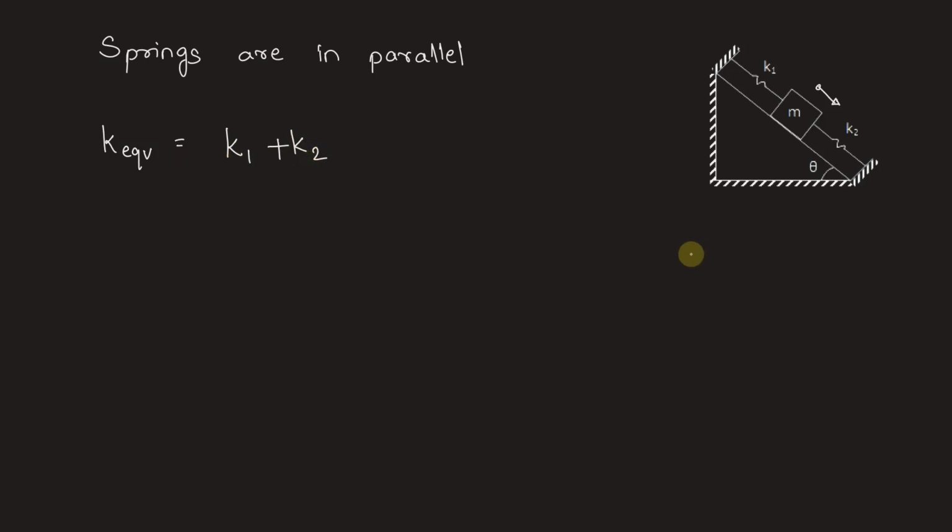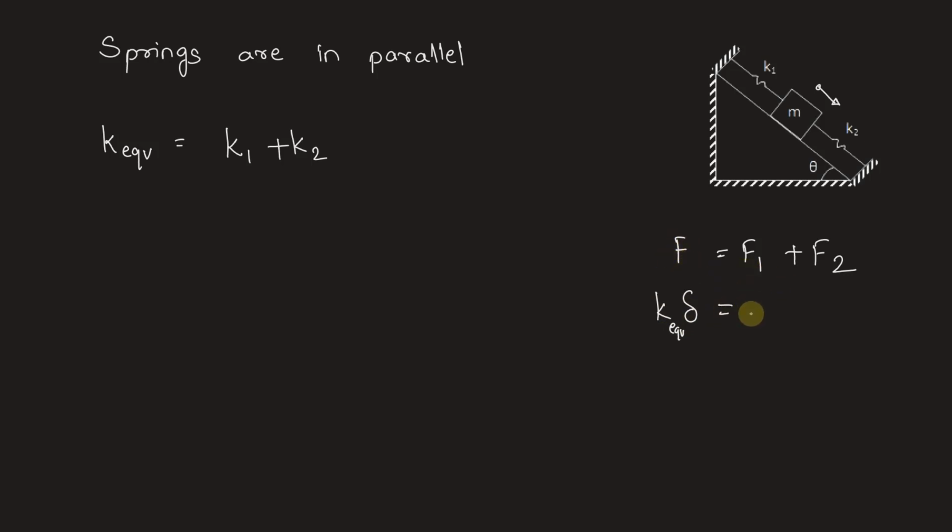Now this is so because we can equate the force taken by each of the spring. So if we have F is equal to F1 plus F2, F1 is force taken by this spring having spring constant K1 and F2 is the force taken by this spring having spring constant K2. So F we can write as stiffness into the deflection delta, and this stiffness is the equivalent stiffness of the system because this is the force taken by the system.